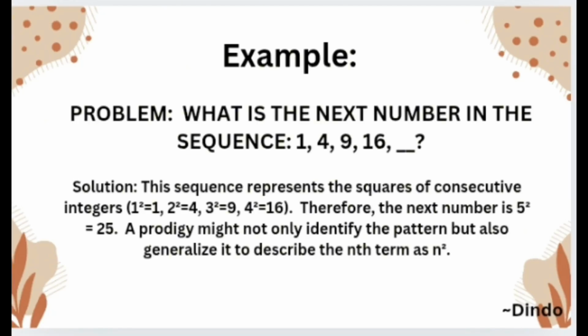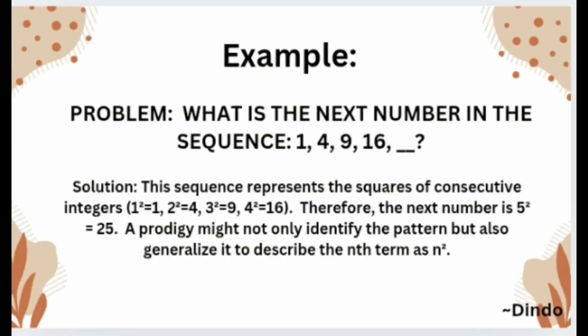So this is an example. The problem is: what is the next number in the sequence 1, 4, 9, 16? The solution is that this sequence represents the squares of consecutive integers: 1 squared equals 1, 2 squared equals 4, 3 squared equals 9, and 4 squared equals 16.